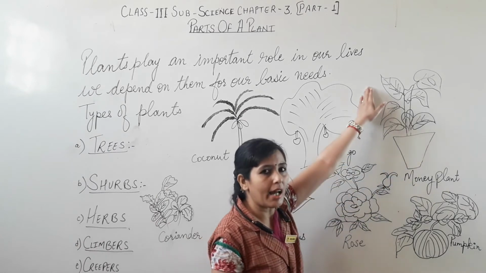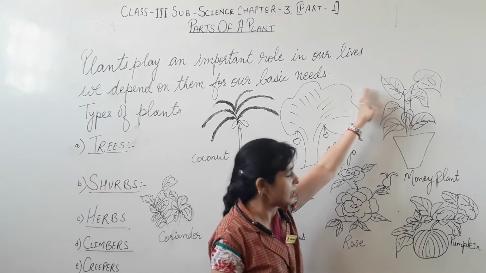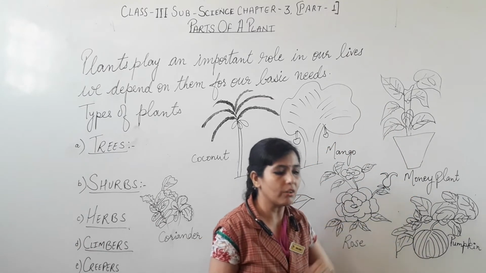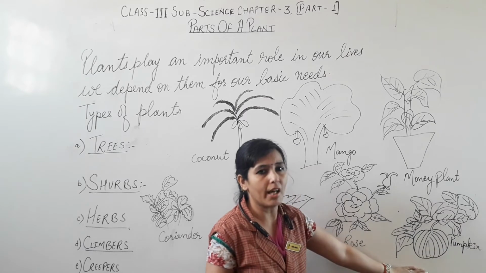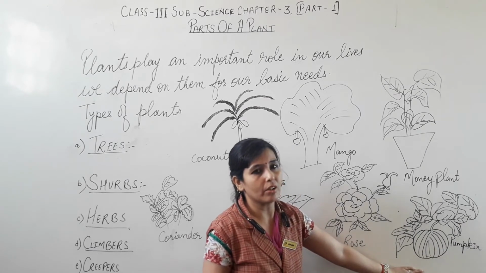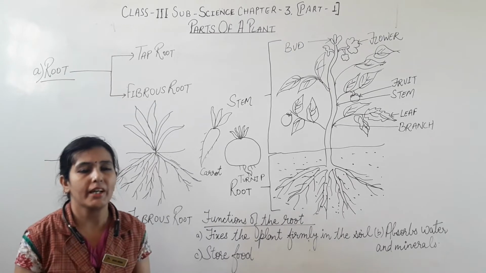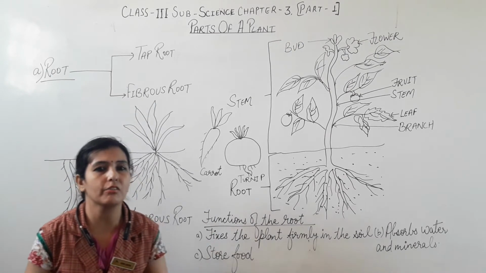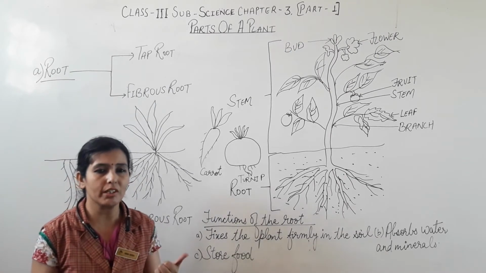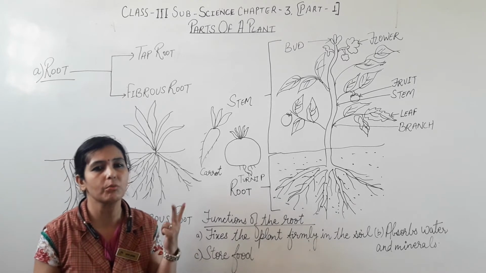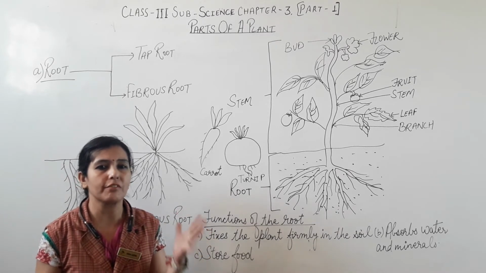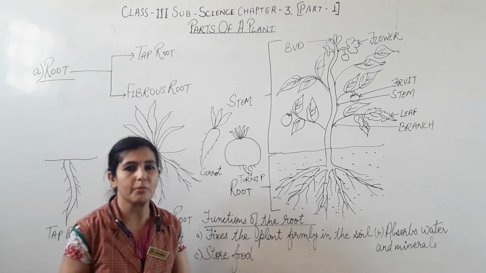The plants which climb are known as climbers, and the plants which creep on the ground are known as creepers. As we have talked about 5 categories of the plant: first was tree, second was shrubs, third was herbs, fourth were climbers, and fifth were creepers. Those were the types of plant.